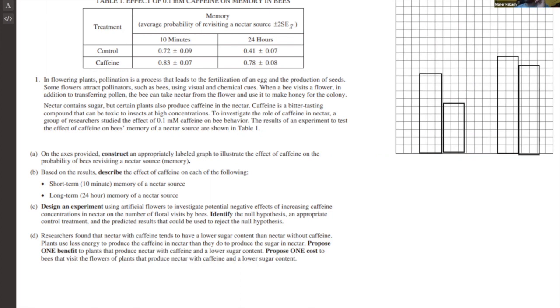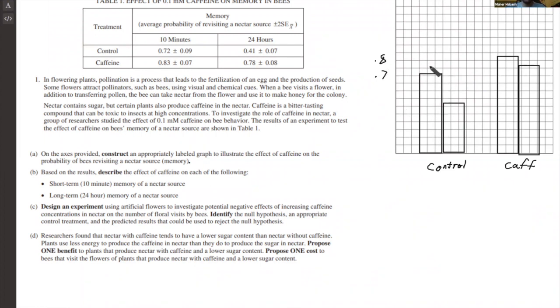Now, anytime we do a graph, we definitely have to explain what's going on. So we could write how we have control and caffeine on the bottom. We're supposed to label everything. So let's just pretend we did it quickly, 0.7, 0.8.